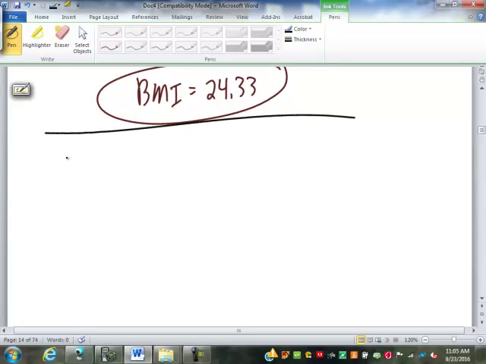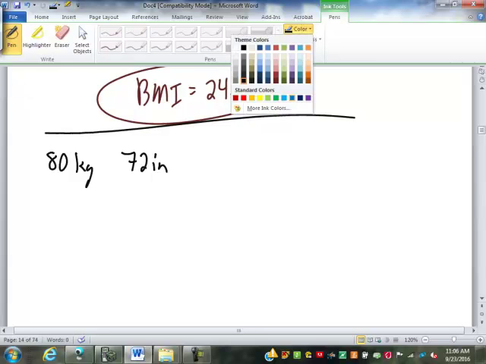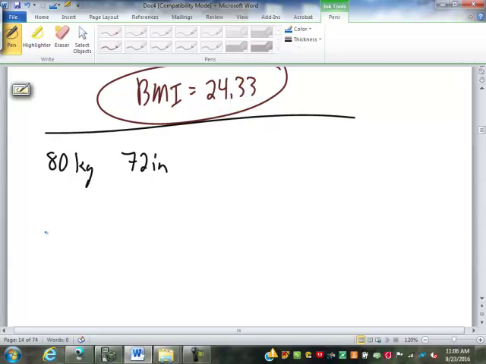I'll let you guys try one. So for a patient that comes in with a weight of 80 kilograms and a height of 72 inches. Now I'm going to stop you before you start going the wrong direction.